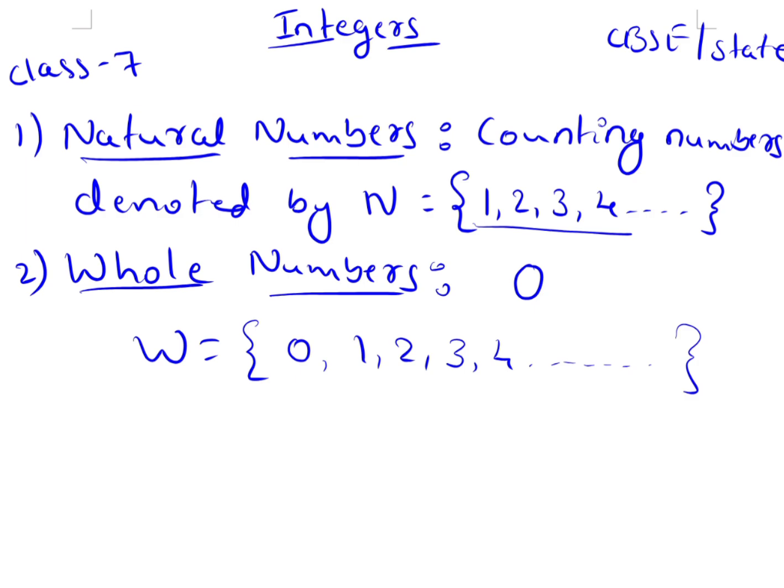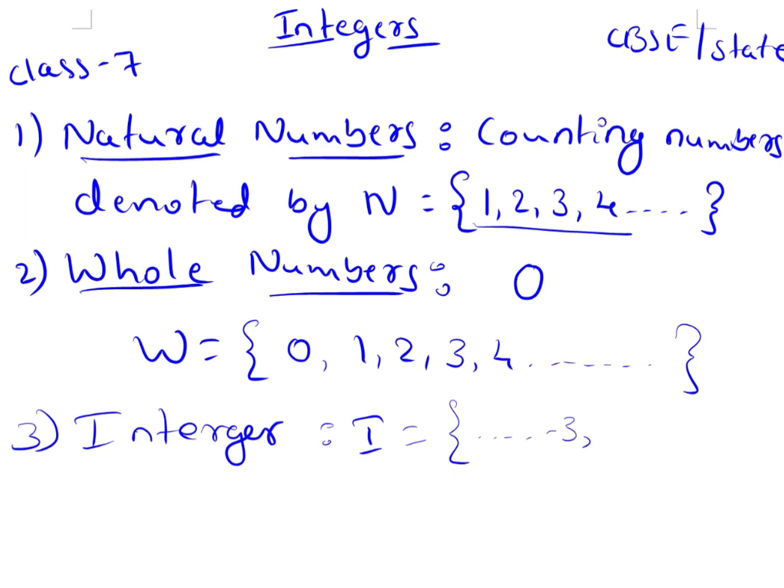Yes, now we are going to integers. Integers include negative numbers, and it is denoted by I. It includes whole numbers with negative numbers: -3, -2, -1, 0, 1, 2, 3 and so on.